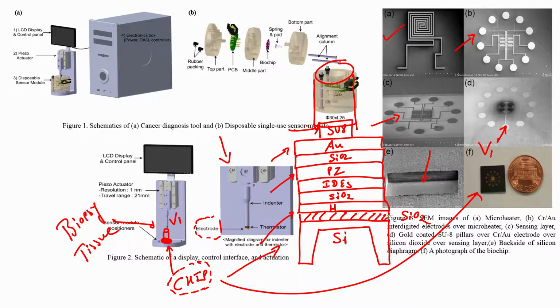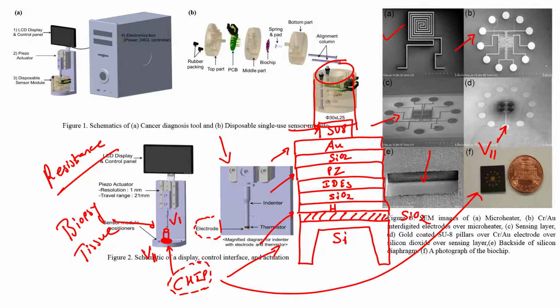If I apply voltage between V1 and V11, then depending on the resistance of the tissue, my current will change, right. If I apply a potential difference, that is voltage between two pads V1 and V11, it is like two electrodes, okay. So, electrode 1 is on the indenter and electrode 11 is on the chip.